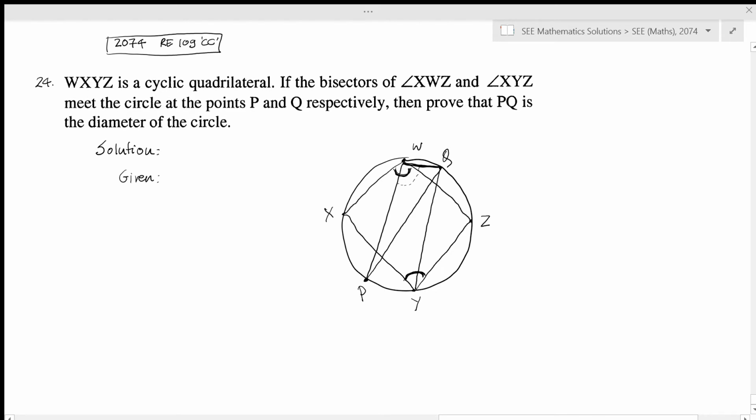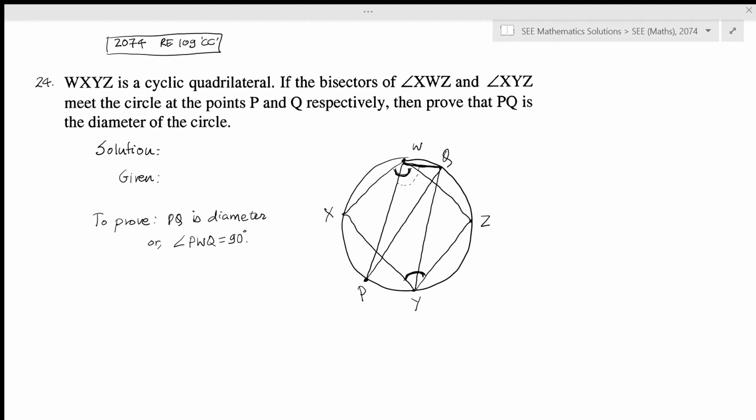And we have to prove PQ is the diameter, or we can also prove angle PWQ is equal to 90 degrees. If angle PWQ is equal to 90 degrees, then PQ will be the diameter, right?